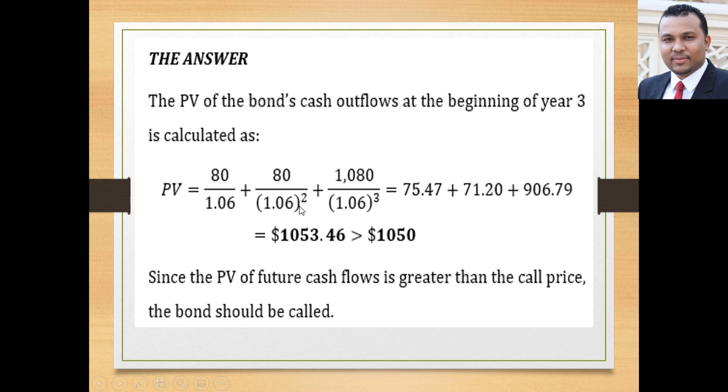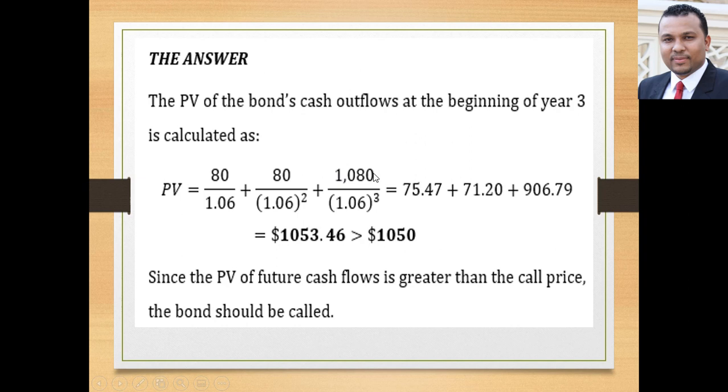Because we consider from year 3, this is the starting year in the callable bond. Year 4 is year number 2 in the callable bond. And year 5 is the last year in the callable bond. At the last year of the lifetime, this is year number 5, but in the case of the callable bond, we talk about year number 3.